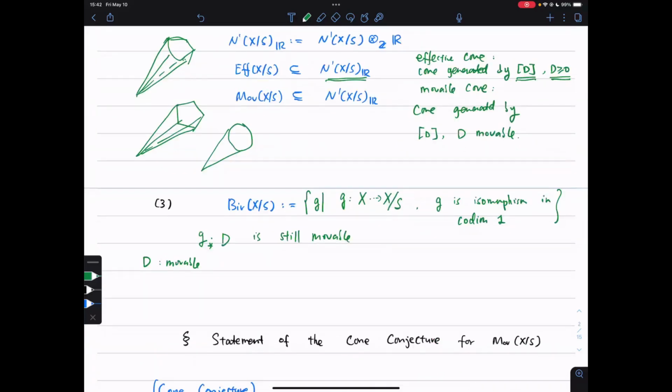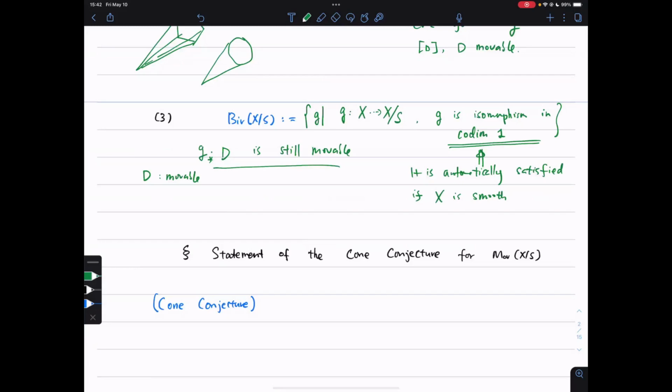So this is the reason we put isomorphism in codimension 1 upon birational isomorphisms. But this condition is automatically satisfied if X has good singularities, say if X is smooth. So it's not too much of a requirement. In other words, if X is smooth, it suffices to require the map to be birational.